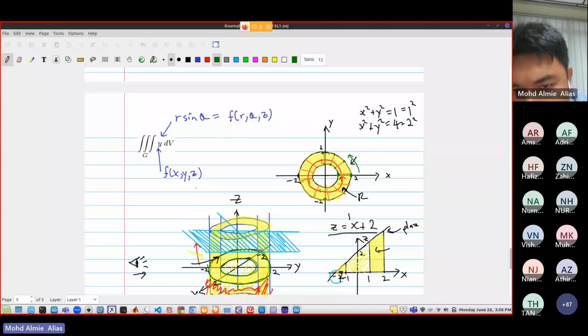Here is always 1, and the outer boundary here is always 2.